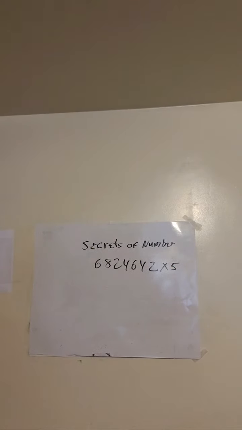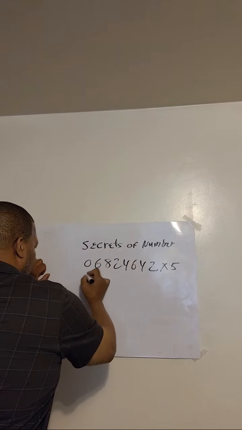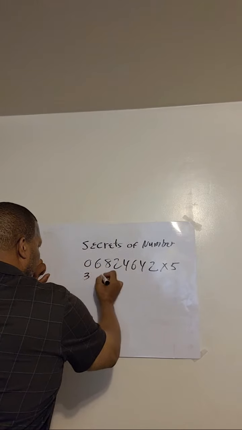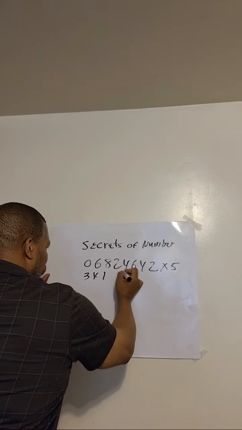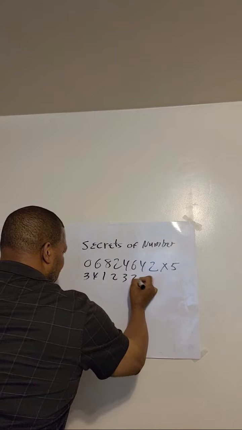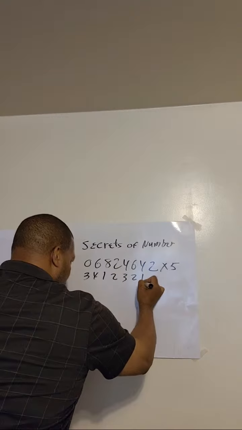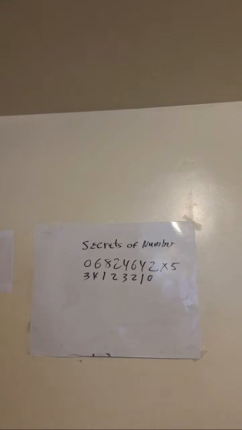Okay? So, easy to do. We'll just do our placeholder, and we'll just put our numbers. We're going to go 3, 4, it's easy to do, right? 1, 2, easy to do. 3, 2, 1, 0. And that's the answer, okay?